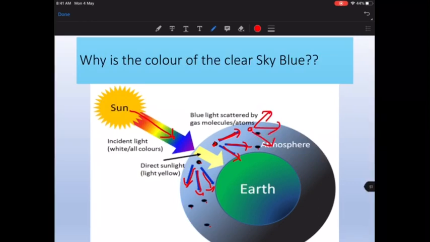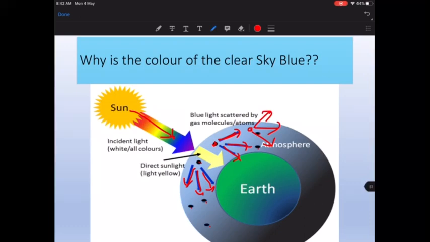So these molecules are best for scattering the blue light, because blue light has a lower wavelength as compared to red and yellow light. Fine. So blue and the light which is lower than blue color, which has lower wavelength, all those lower wavelengths will be scattered.